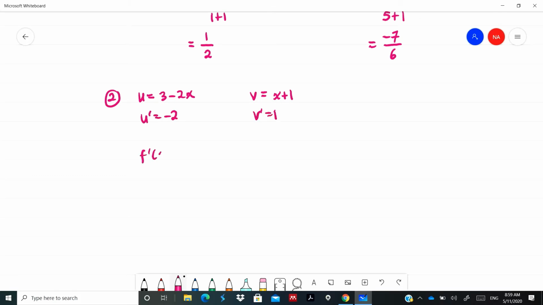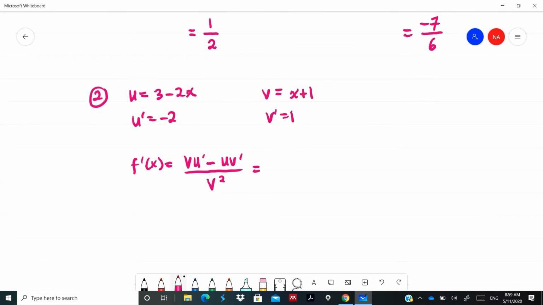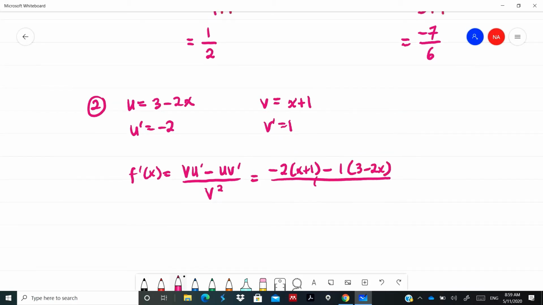To find f prime of x, we use the quotient rule formula, which is v u prime minus u v prime over v squared. So v u prime is negative 2 times x plus 1, minus 1 multiplied by 3 minus 2x, over v squared, meaning x plus 1 to the power of 2 in the denominator.